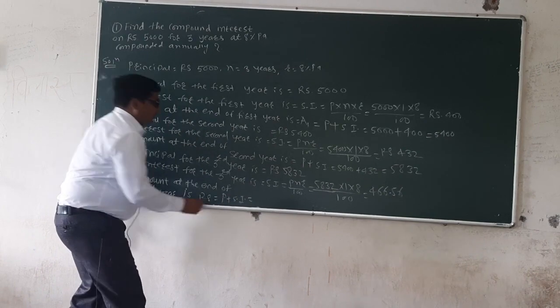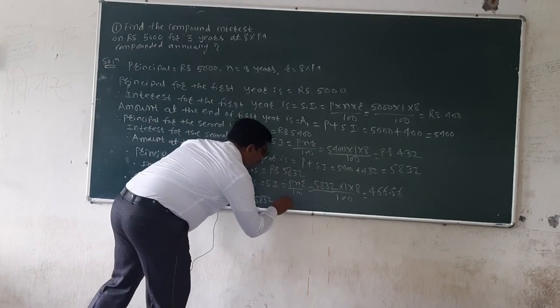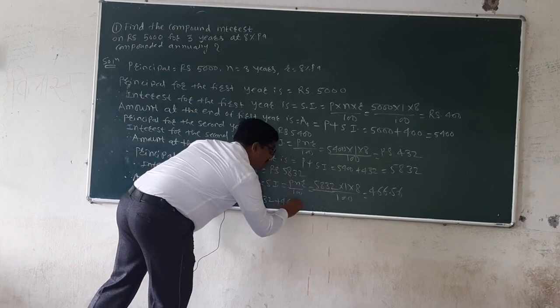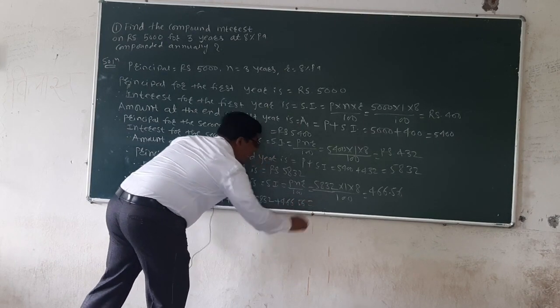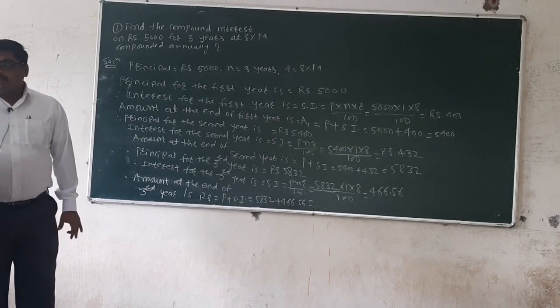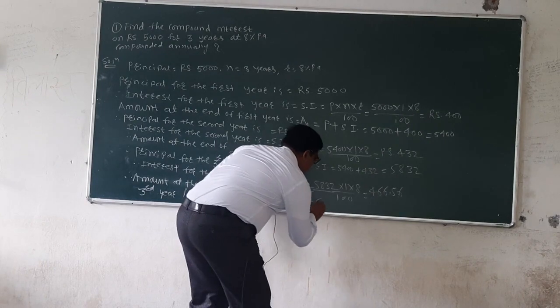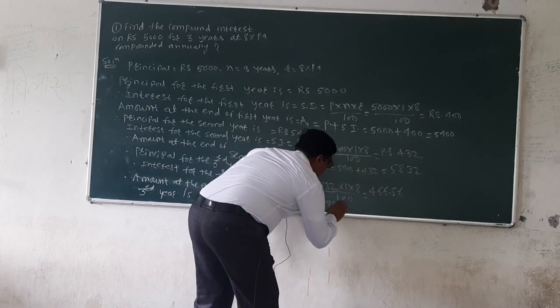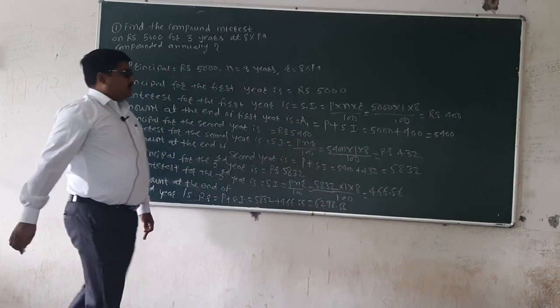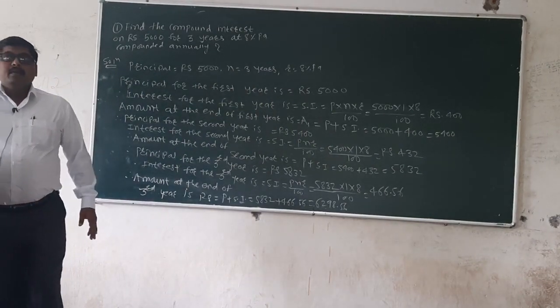P is 5,832 plus 466.56. So the amount is 6,298.56. So this is your amount at the end of third year.